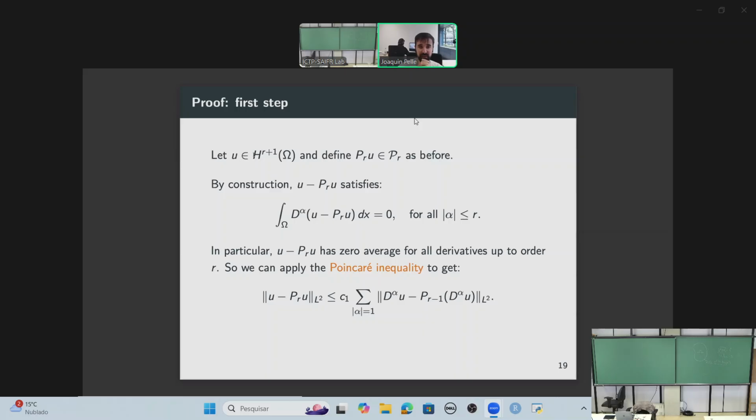Let's take a function with this degree of smoothness, in this Sobolev space of order R+1, and now define its projection to the polynomial space as we did before. So now we know that by construction of this projection, we have this property here.